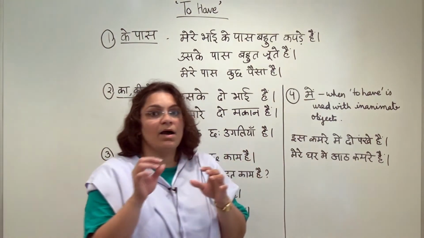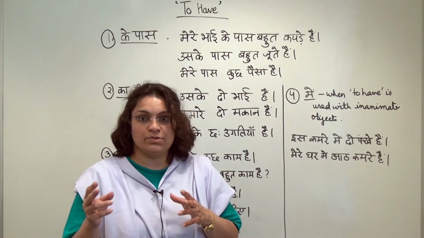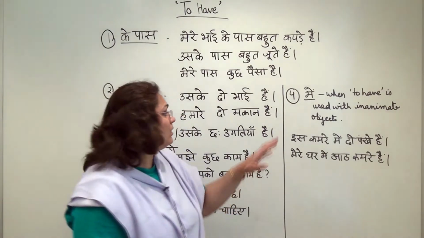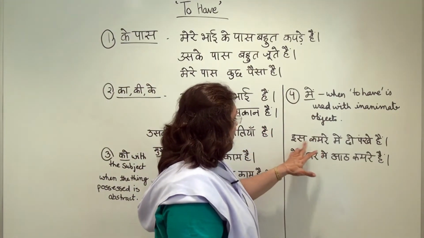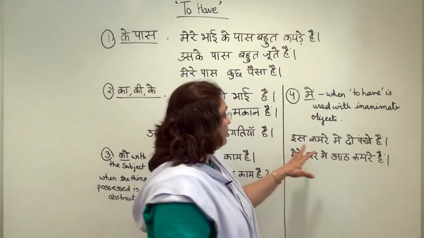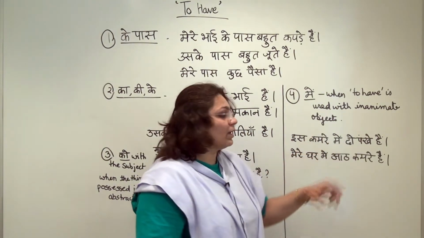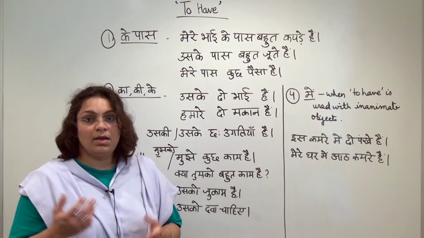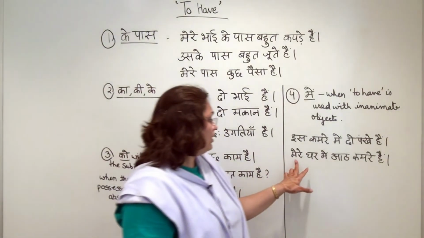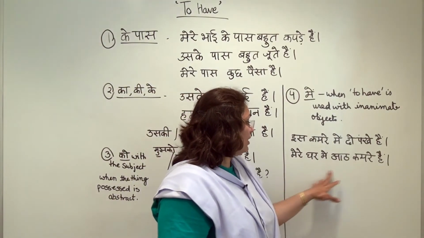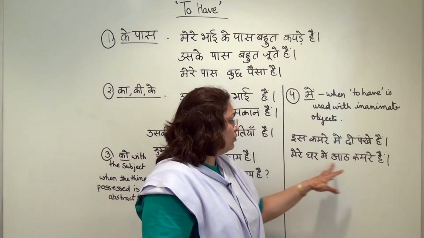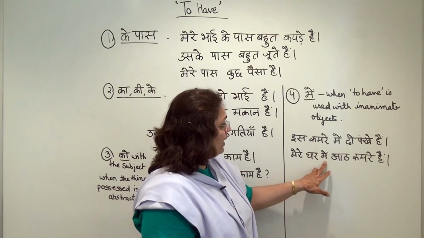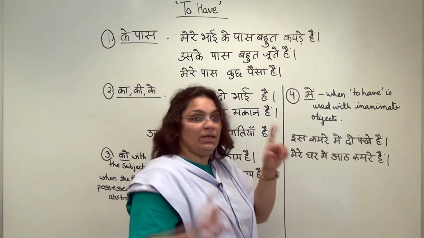So like there are 2 rooms in this house. Is ghar mein 2 makan hai, right? So this is how you use it when the object is inanimate. Like is kamre mein 2 pankhe hain. This room has 2 fans, right? मेरे घर में 8 कमरे हैं. There are 8 rooms in my house. So mein is used here to mean to have.